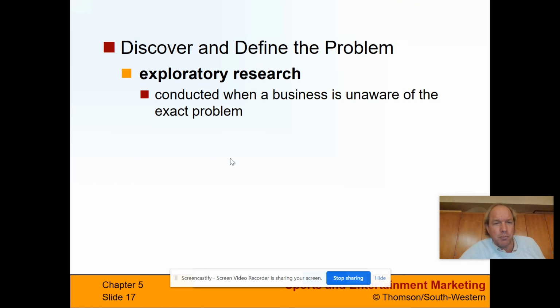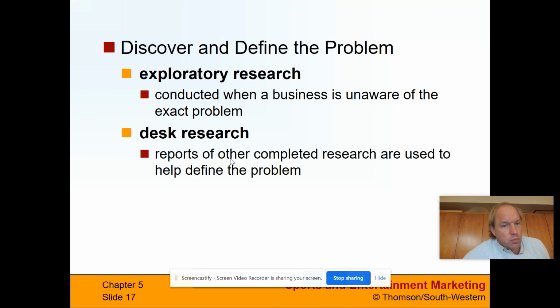Exploratory research is conducted when a business is unaware of the exact problem. Okay, why are people not watching a television show? Why are people not buying tickets to the games? Why are people not buying merchandise? Okay, there's also desk research, which are reports of other completed research, and they're used to help define the problem.